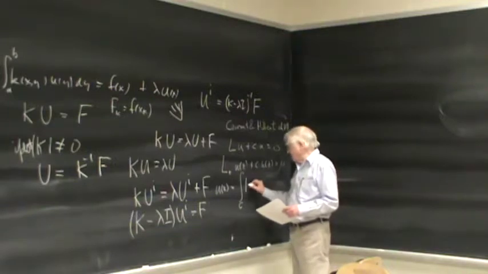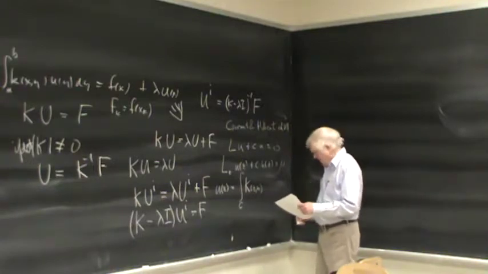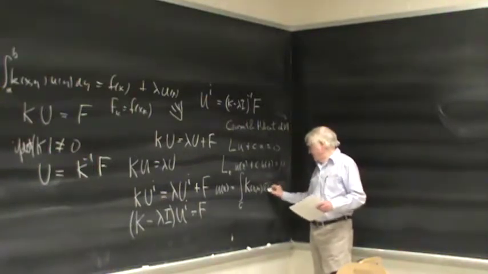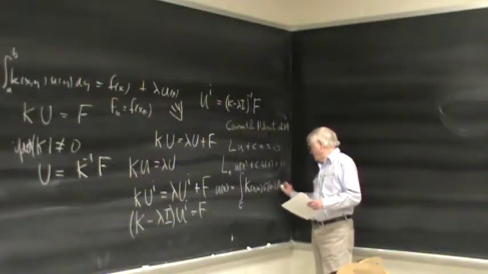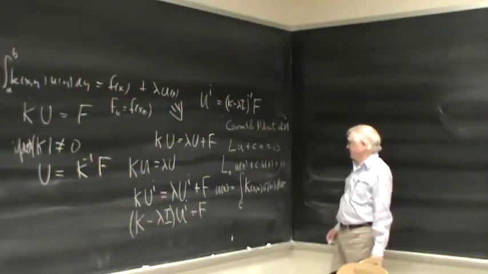The trick is to pick a kernel, which I'm writing as capital K of Z and W, times V of W, dW. So we're doing two things here.